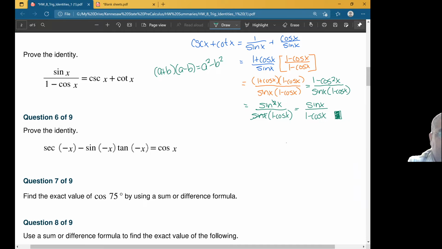All right, so we have secant of negative x minus sine of negative x times tangent of negative x is equal to cosine of x. Let's work it out.